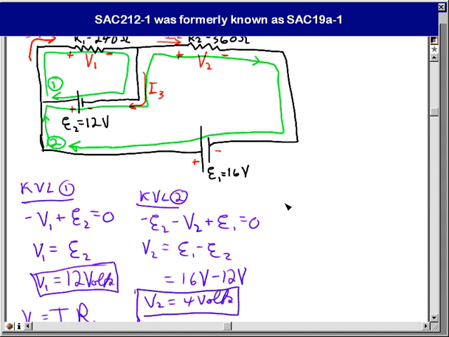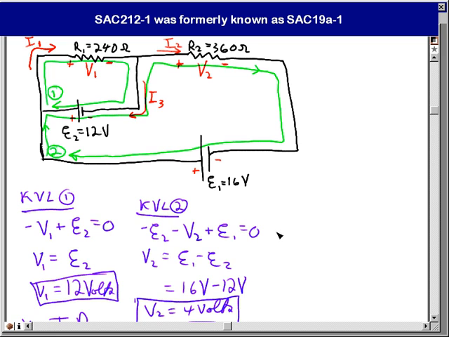And then following up on that, we have the current through R2. Now that I know V2 and I've got R2, I can use Ohm's law. So V2 equals I2 R2. I2 equals V2 over R2, which is 4 volts. Just 4.0, get it to 2 sig figs.